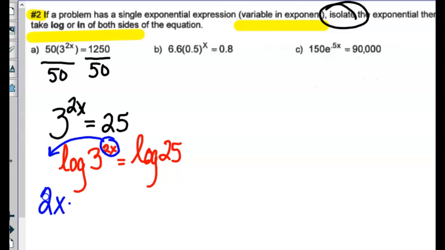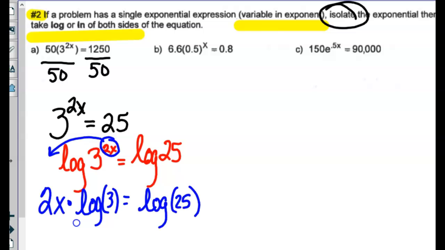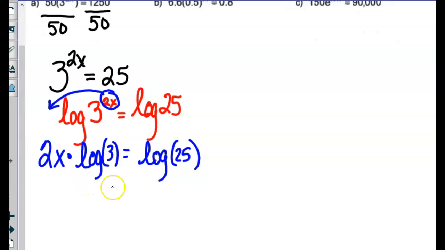Some of you got a little confused on that yesterday. Then what? Now all of this over here is multiplication. Yeah, we can divide. You can do it in one step, but you got to have some extra parentheses. I would probably just do it in two because I'm lazy.